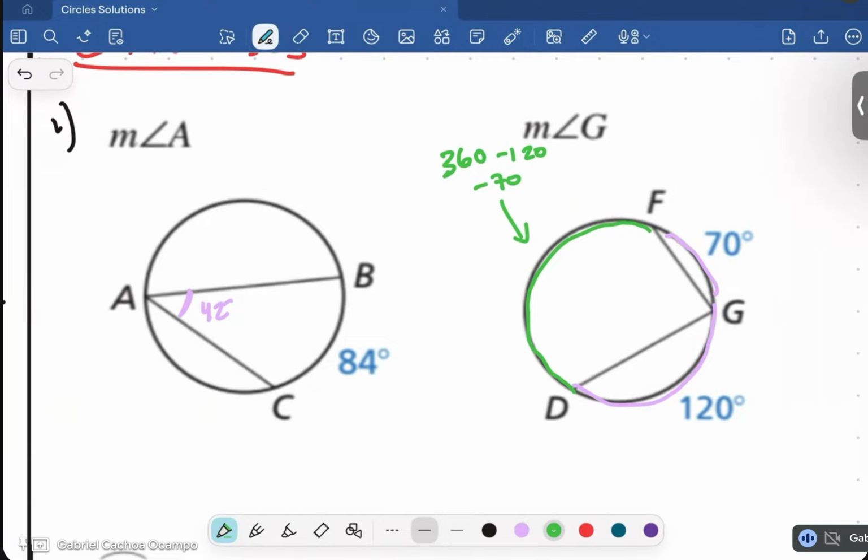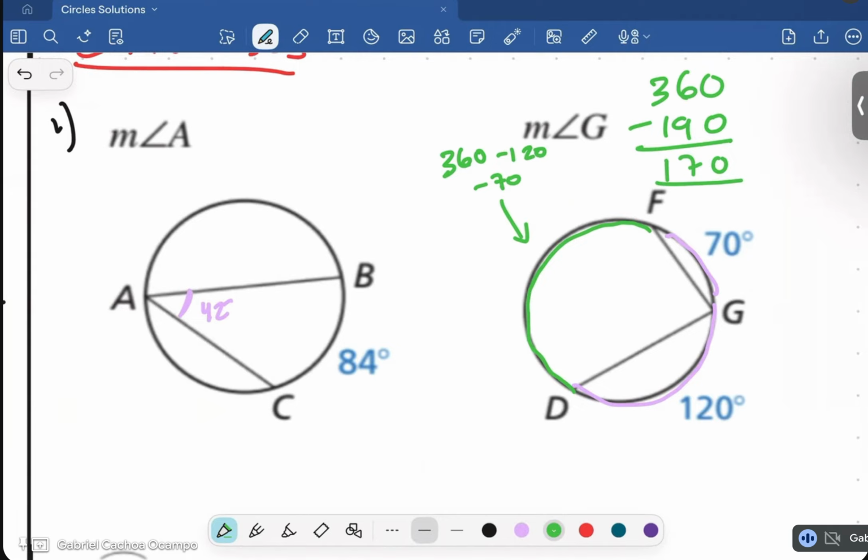That is 170. Yeah, I am right. This is not up to scale, of course.